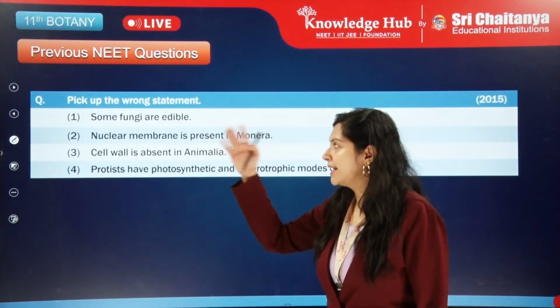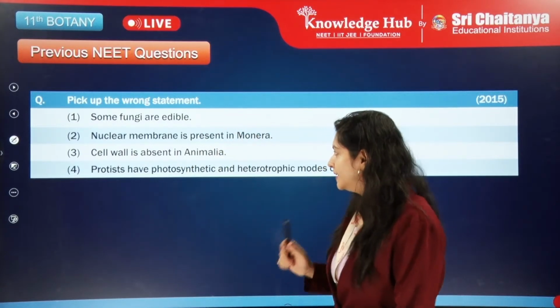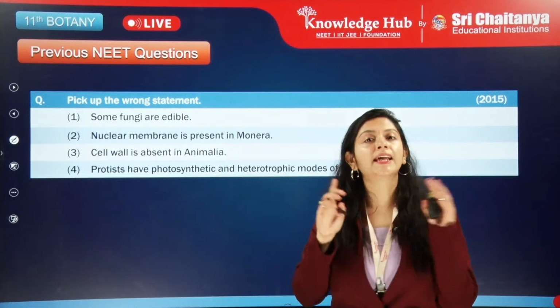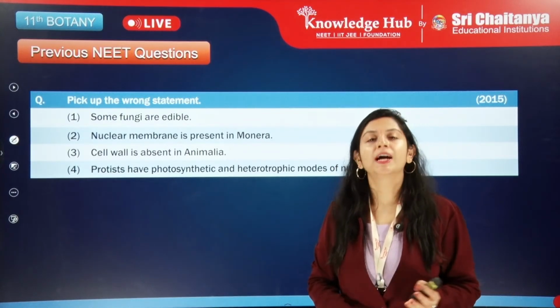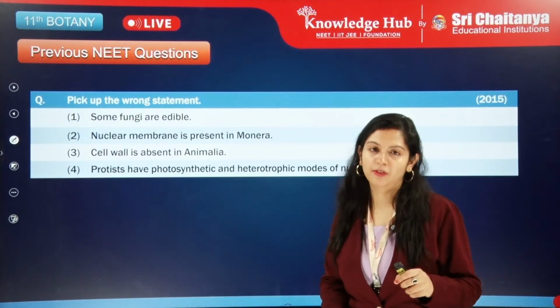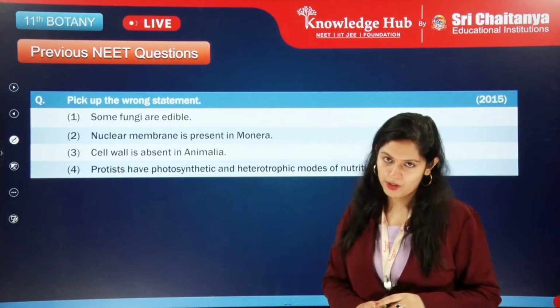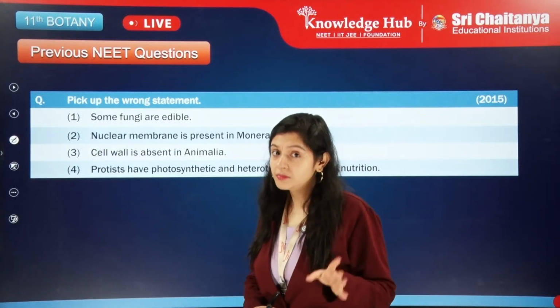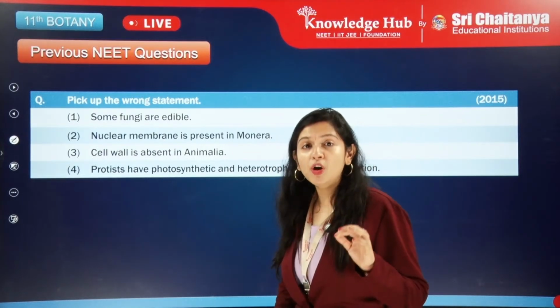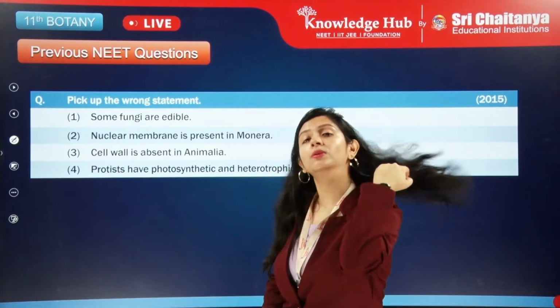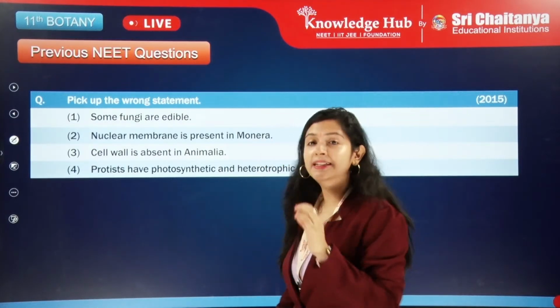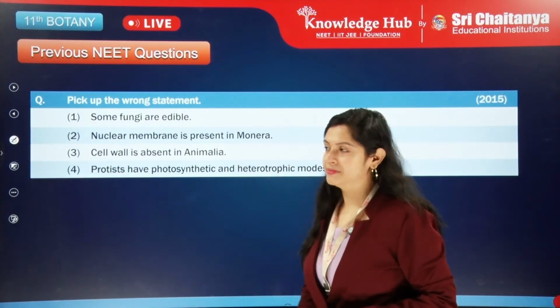Now again, you have to pick up the wrong statement here. This is a combination question involving all the different topics, so this is giving you a quick revision from your previous topics also. Some of the fungi are edible. Nuclear membrane is present in Monera.